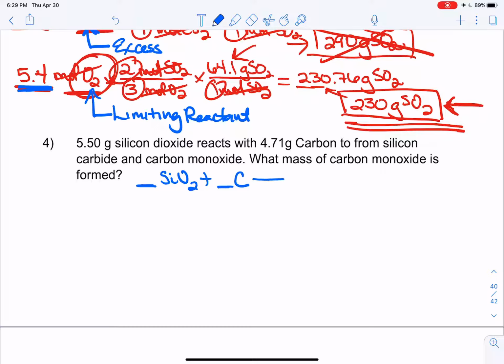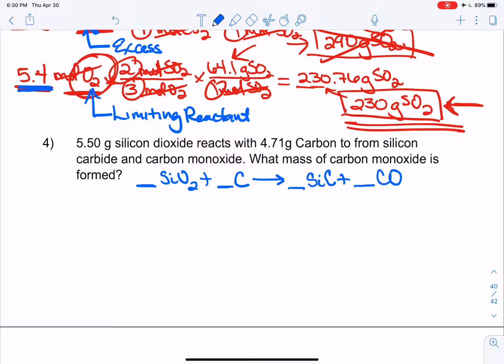And then we're going to get a couple of products. We're going to get silicon carbide. And that one might sound a little bit strange because we're not used to carbon being carbide, but that's what silicon carbide looks like. And we're going to get also carbon monoxide, which you guys should be familiar with.